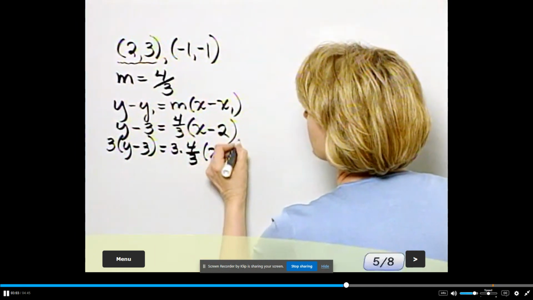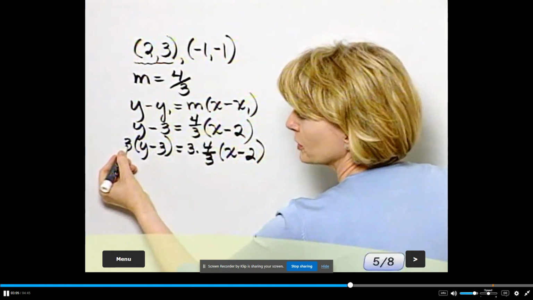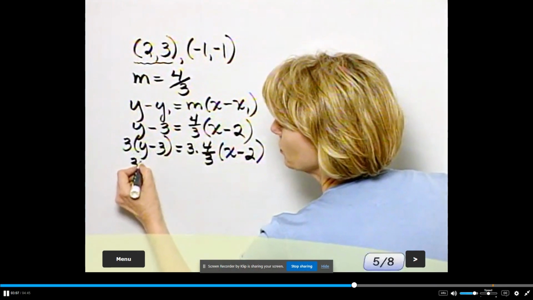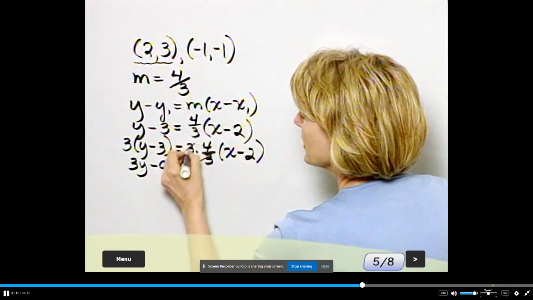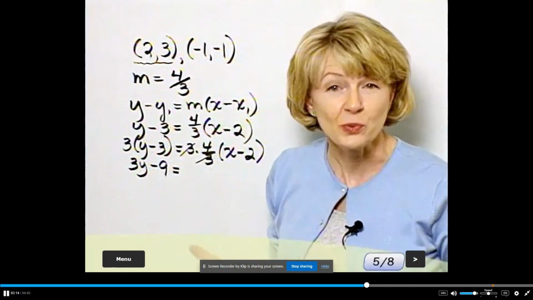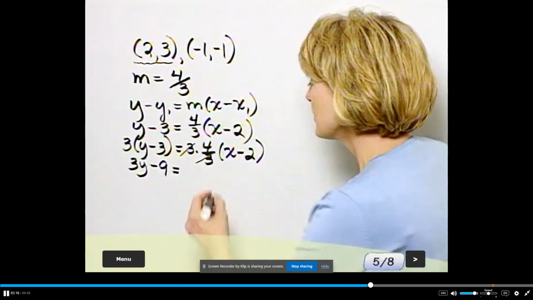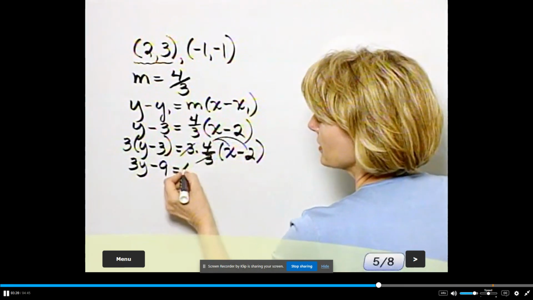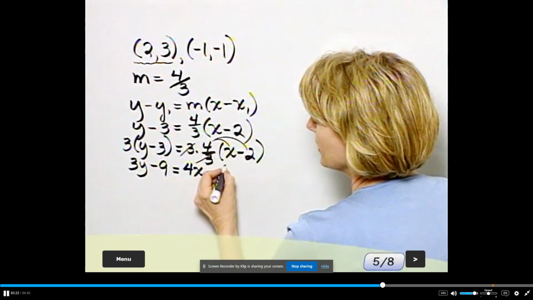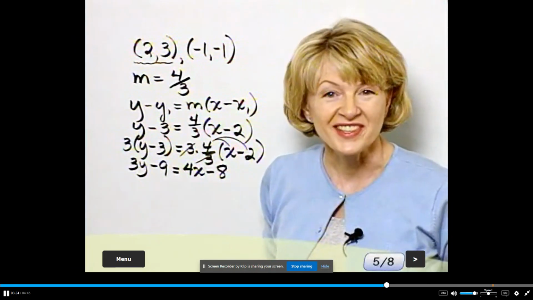And let's see what happens. Here, I'll just multiply. 3 times y is 3y minus 9 is equal to, here the 3's divide out, that's why I multiplied by 3. So I'll have 4 times, in parentheses, x minus 2, so that's 4x minus 4 times 2, which is 8.